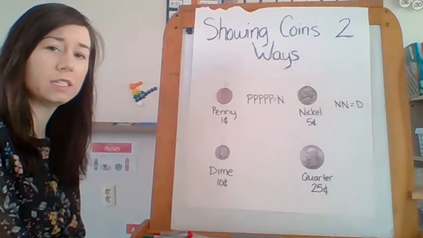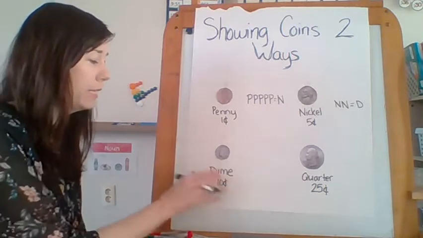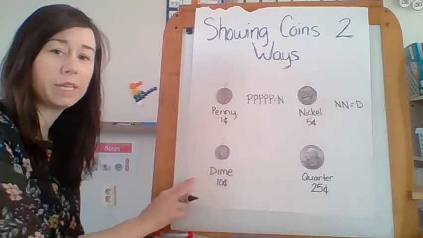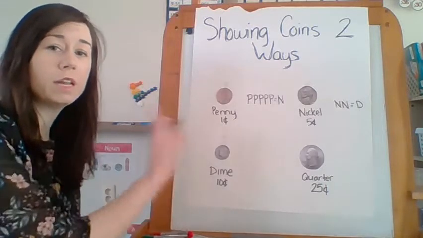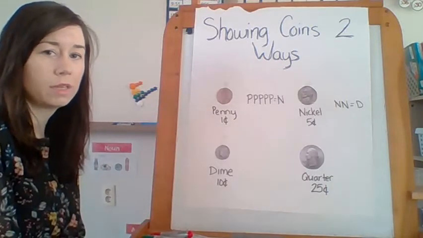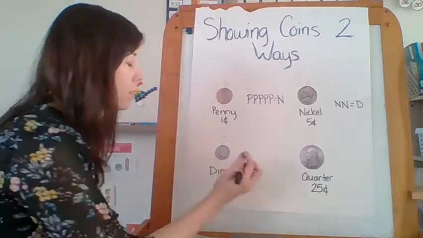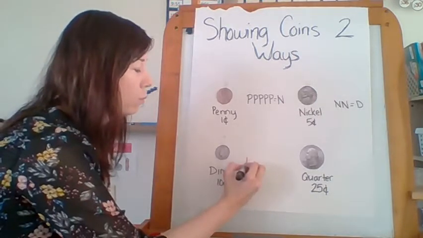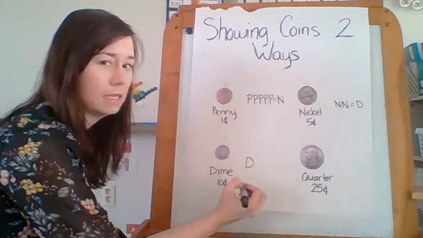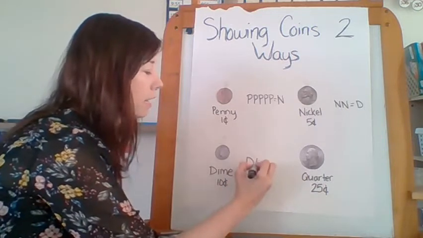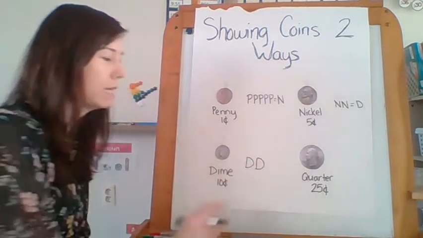So what I would need to do is take some dimes and maybe some of another coin to help me out. Think really hard here. So a dime, if I have 1, that's 10 cents. If I add it again, that's 20 cents.